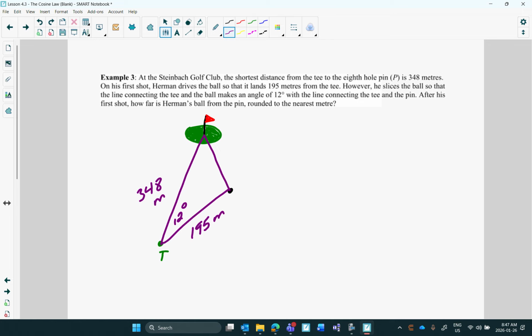So here's this ball, here's the pin. I have to find that. That's what I'm asked to find. So see if you can do that. You should be able to follow it through.